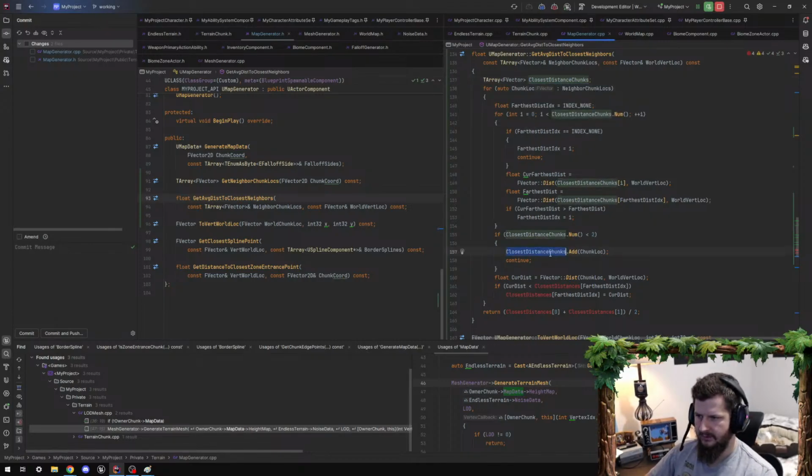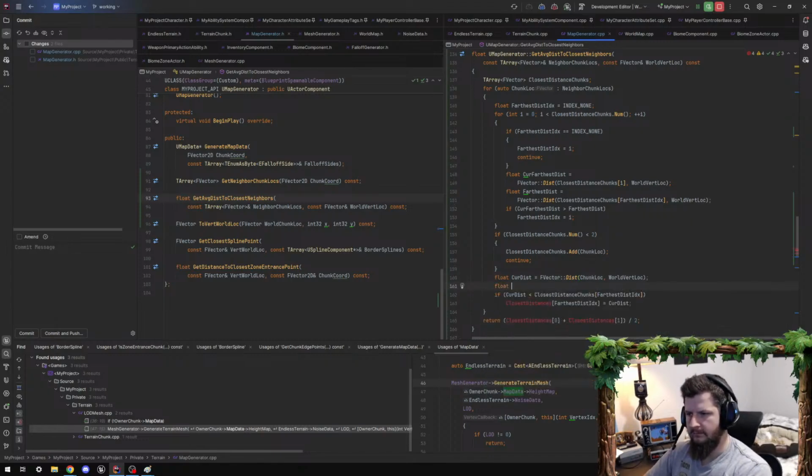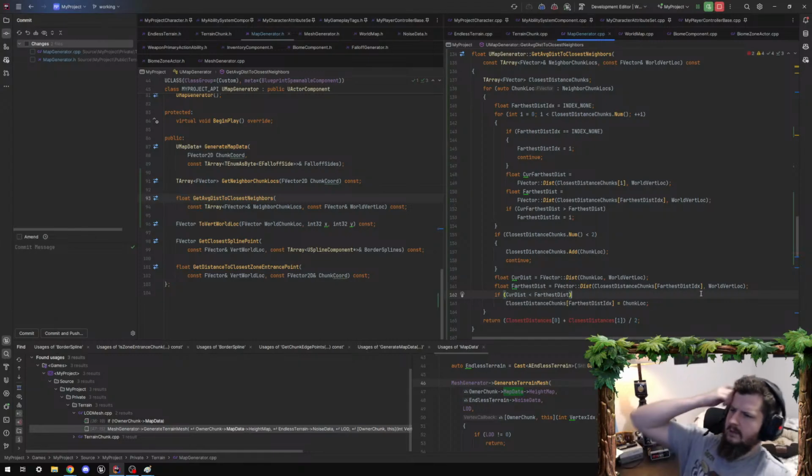Closest distance chunks. Is that what I need to do here?